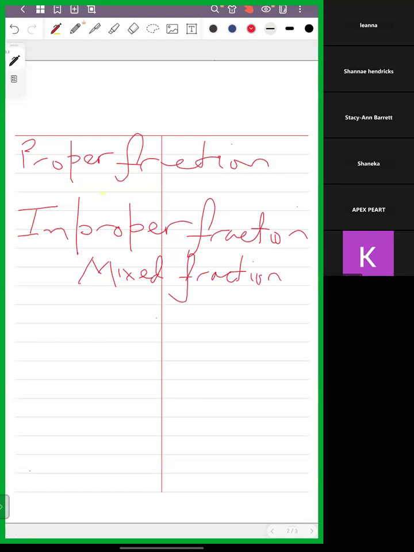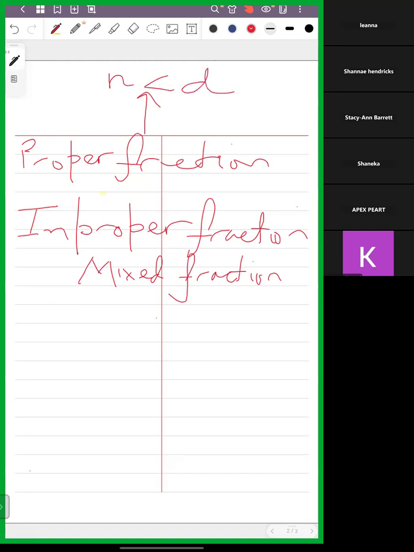Now, what exactly is a proper fraction? And how am I going to be able to recognize it when I see it numerically written down on paper? So when you come to a proper fraction, guys, what you're saying is that with a proper fraction, n is going to be less than d. What do we mean by that?